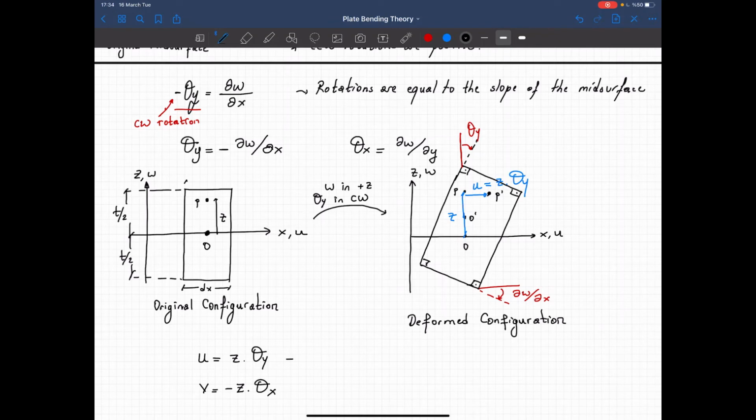Let's put this one into this equation, we have minus z times del w over del x, and this is equal to minus z times del w over del y. So this is the relationship between the axial deformation and the rotations.